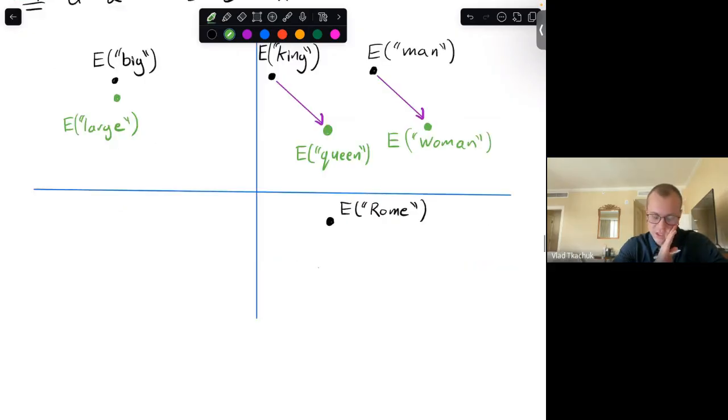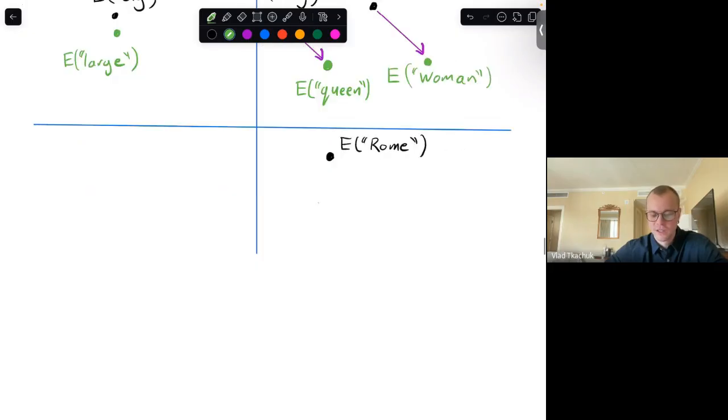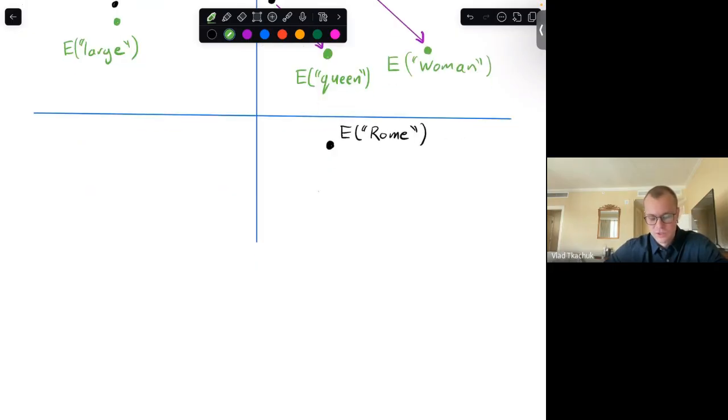Similarly, let me do another example. Rome is the capital of Italy, and maybe Italy's embedding is over here. You can do a similar procedure to find the capital of another country. Suppose there was some other country, let's say France, that you were interested in, and its embedding was maybe over here.